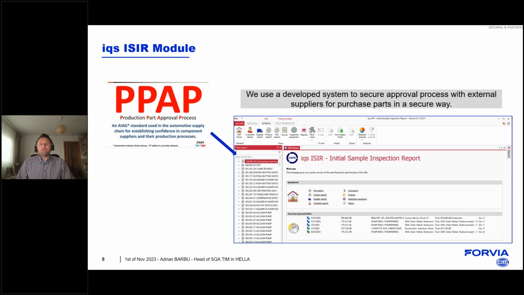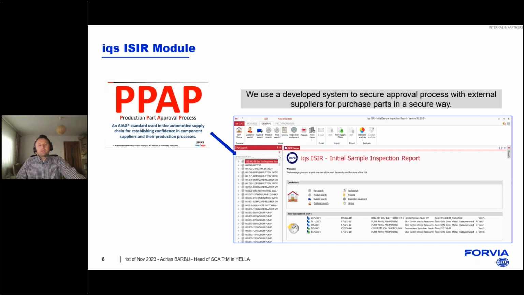Without the APQP, we are not able to finalize the ISIR or the PPAP. So ISIR and PPAP have the same understanding and the same meaning, and at the end we apply more or less the same documentation behind, depending on the requirements that the product has.